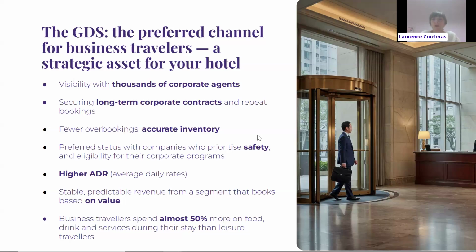Reason number 4, real-time availability and pricing. Unlike some OTA platforms, the GDS displays live rate and availability direct from your CRS or channel manager. So what it means for your hotel: fewer overbookings, accurate inventory, and more reliable bookings.